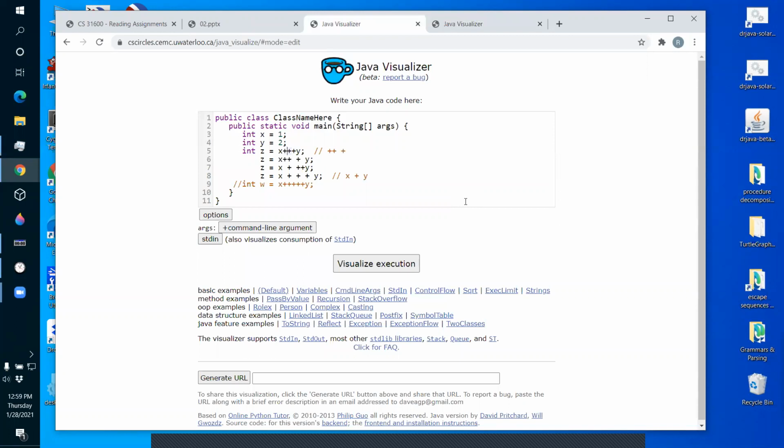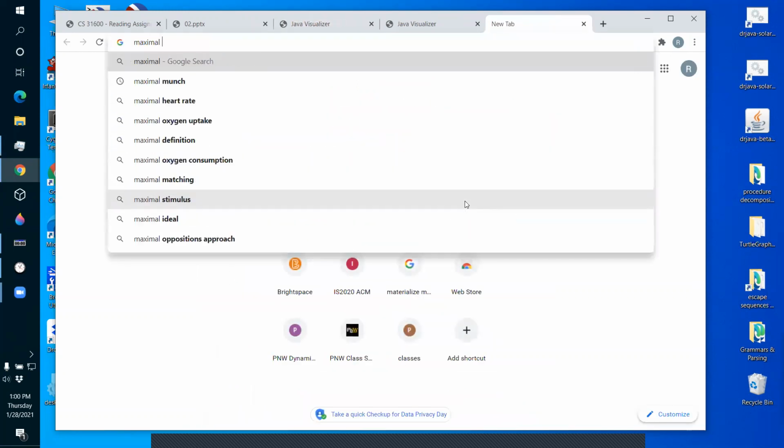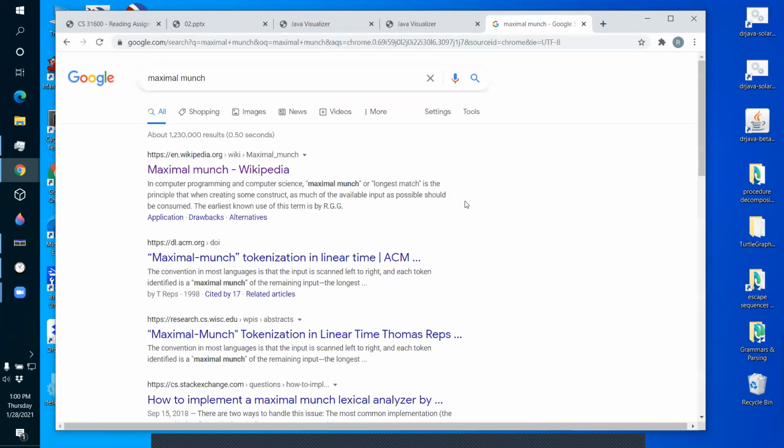Out of these 3 pluses in a row, you could build a big token followed by a little token, or a little token followed by a big token, or 3 little tokens. The rule in Java is build the biggest token you can. And that rule has a funny name. It's called maximal munch.